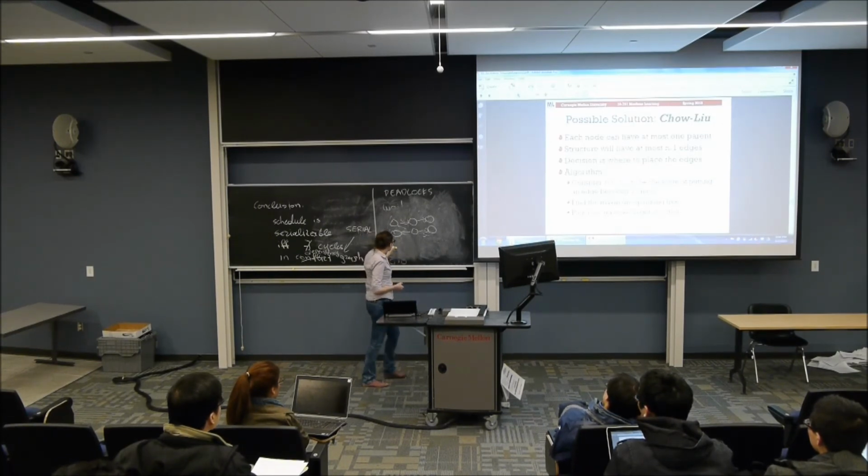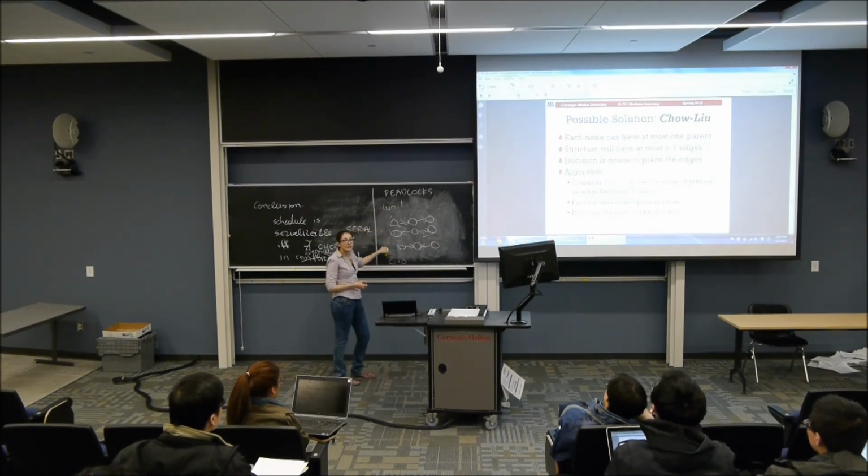Okay, now I have a pop quiz. Is this the same as the other two? Okay. So I see some people saying no. So this is a V structure, and it's not the same as the other two.